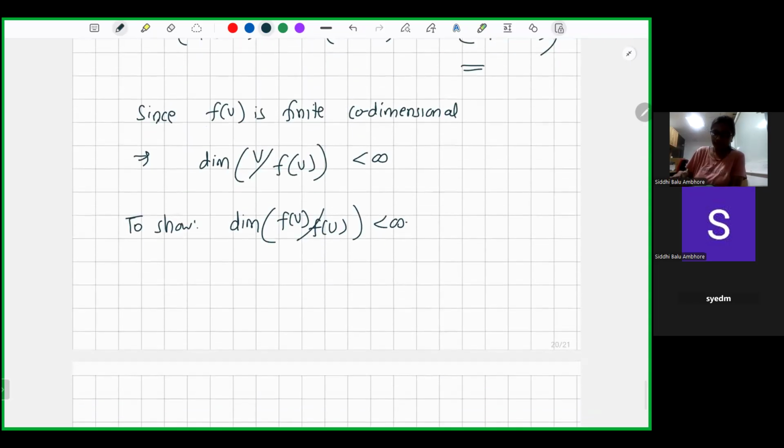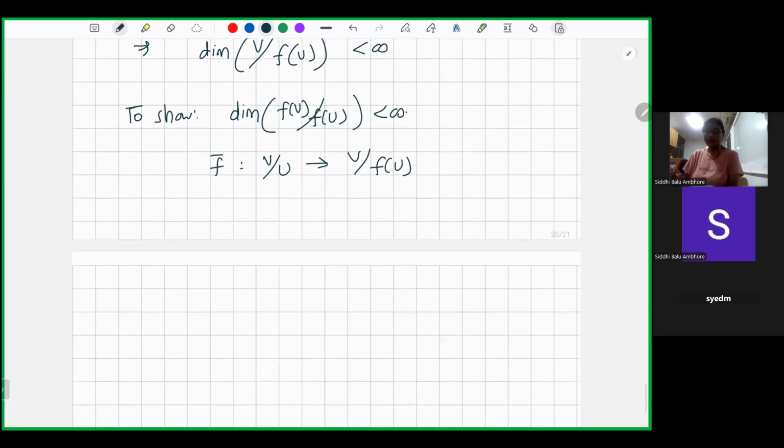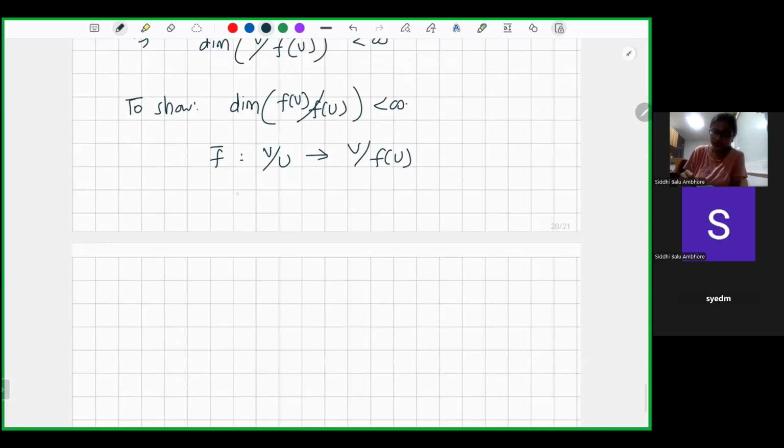So we make this map f dash from V quotient U to V quotient f of U, such that v plus U goes to f of v plus capital F of U. This makes sense, okay?